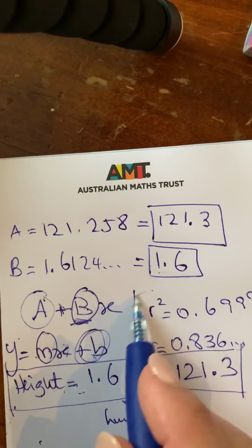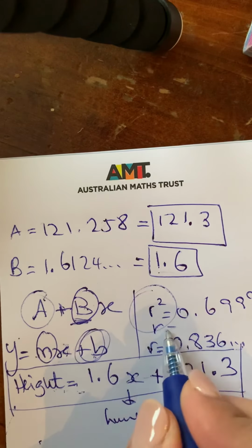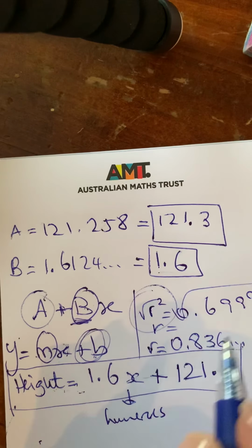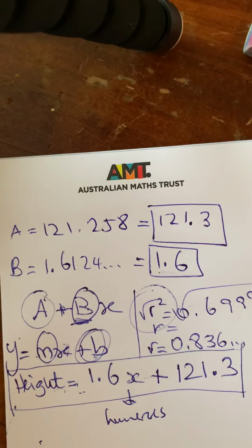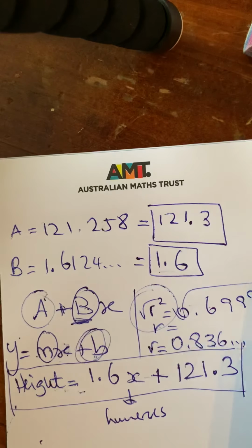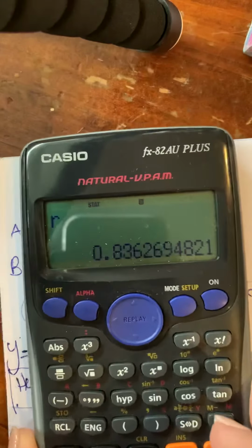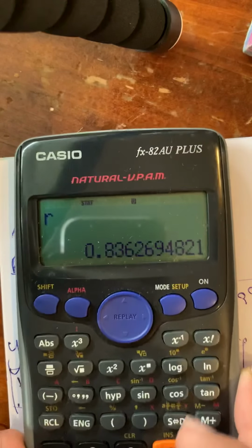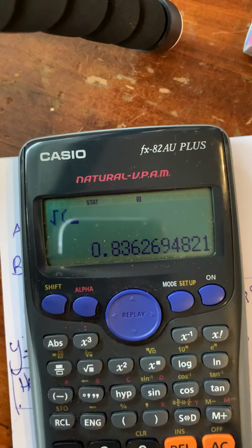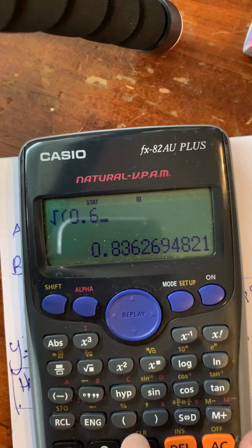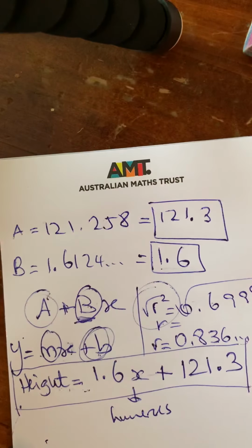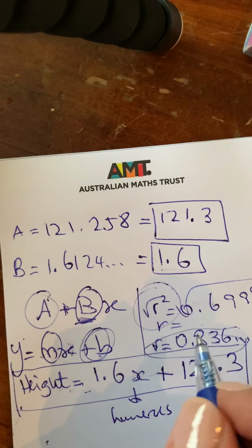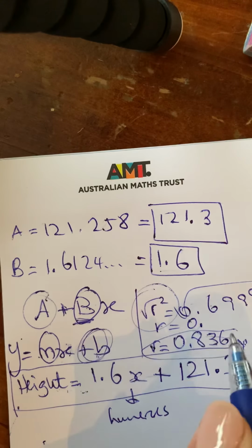If you take the square root of this, so if r squared is this number, then r is the square root of this number. Let's work that out. Square root 0.699 equals, there you go, 0.836, which is what we expected.